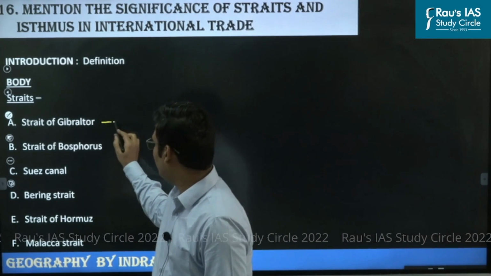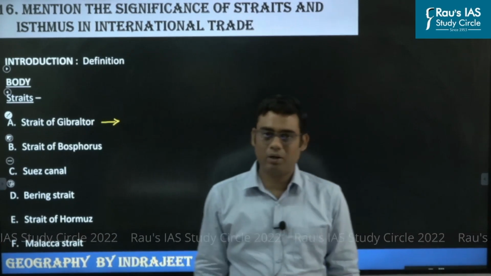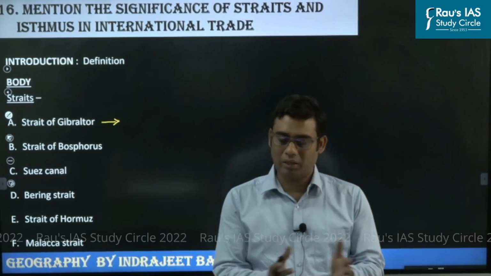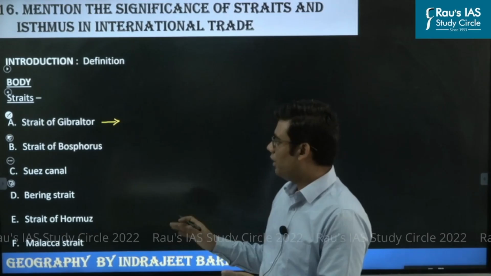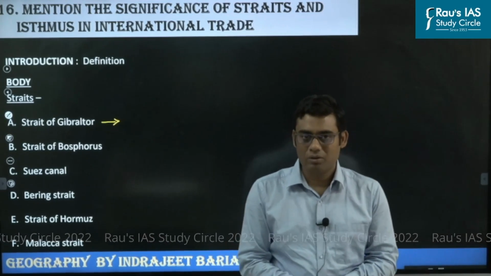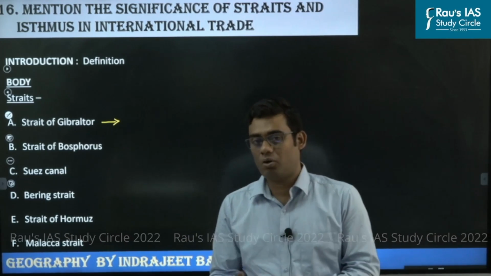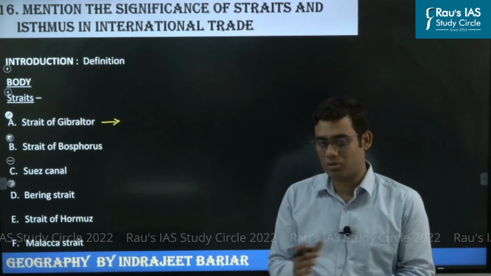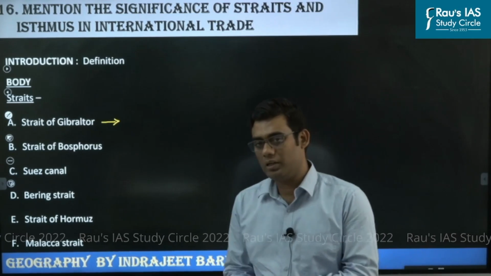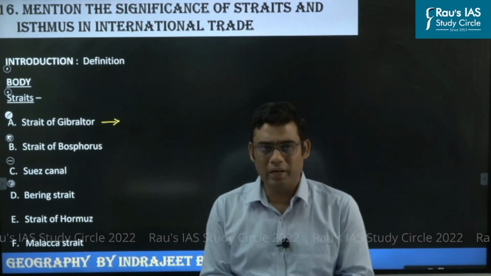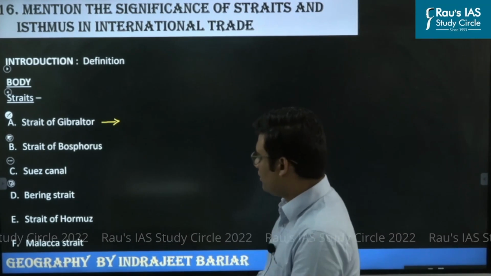It provides connectivity between the Atlantic Ocean on one side and the Mediterranean Sea on the other side. So Strait of Gibraltar becomes very important for West European countries to get access to the Mediterranean Sea, as well as from there further on getting access to the Indian Ocean, that is the Arabian Sea.